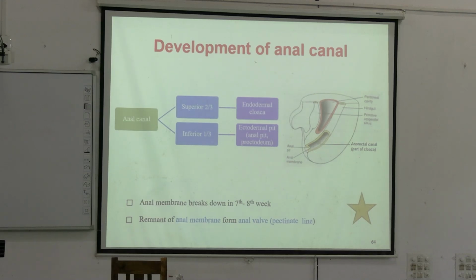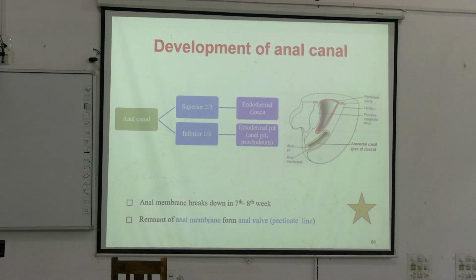Unless you understand this development of the anal canal, with the upper part from the cloaca and the lower part from the proctodeum growing in, you cannot explain it. This communication only happens if the anal membrane ruptures.